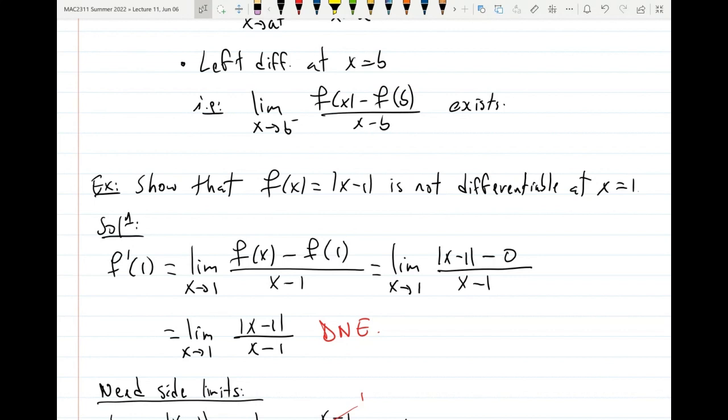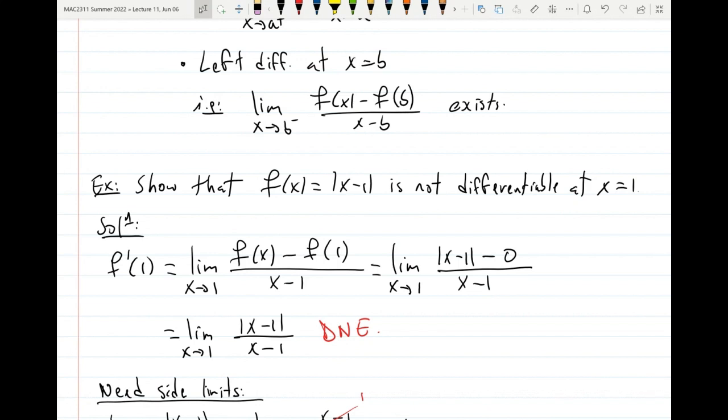I said continuous. I didn't say differentiable. This limit is for differentiability. The limit for continuity is just this. Yes? A different story. What's the limit as x approaches 1 of the function? What is this limit as x approaches 1? It's 0. The limit of the function exists.